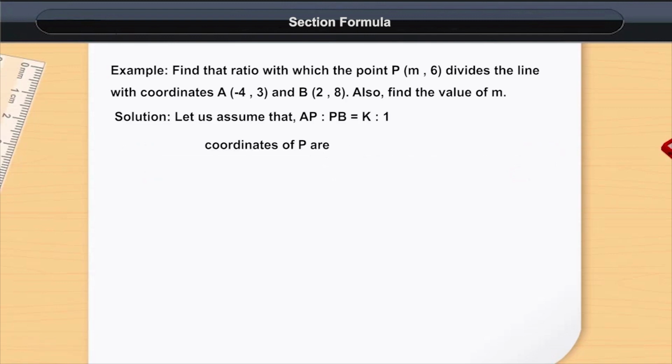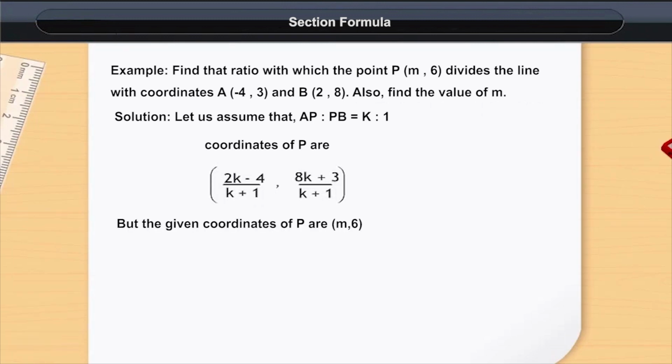Solution: let us assume that AP:PB is equal to k:1, then the coordinates of P are (2 multiplied by k minus 4) divided by (k plus 1) and (8 multiplied by k plus 3) divided by (k plus 1). But the given coordinates of P are (m, 6).